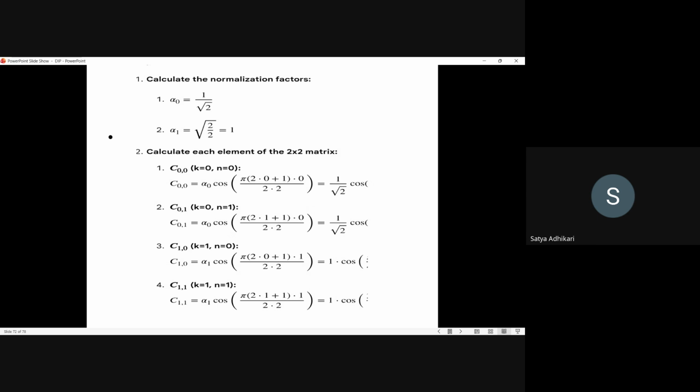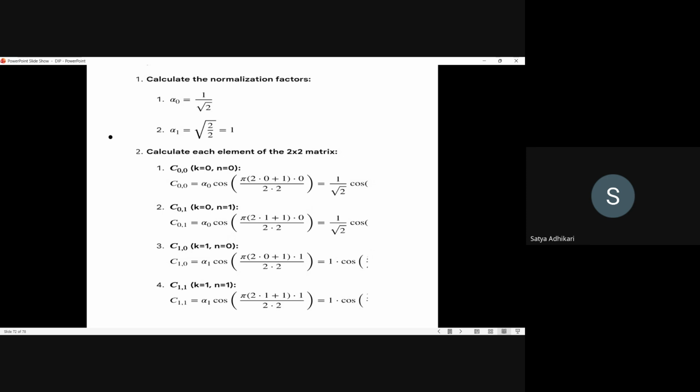Then go to the third part, C10. Here the k value changes. K is 1, n equal to 0. So alpha 1 is 1, not 1 by root 2. Alpha 1 is 1, you see it is calculated in part 1. So cos of 2 into 0 plus 1 into 1 by 2.